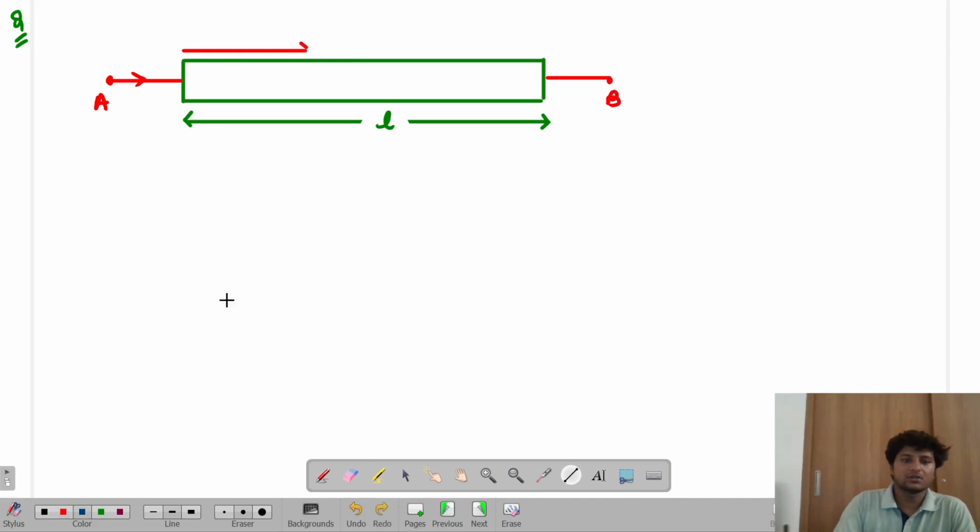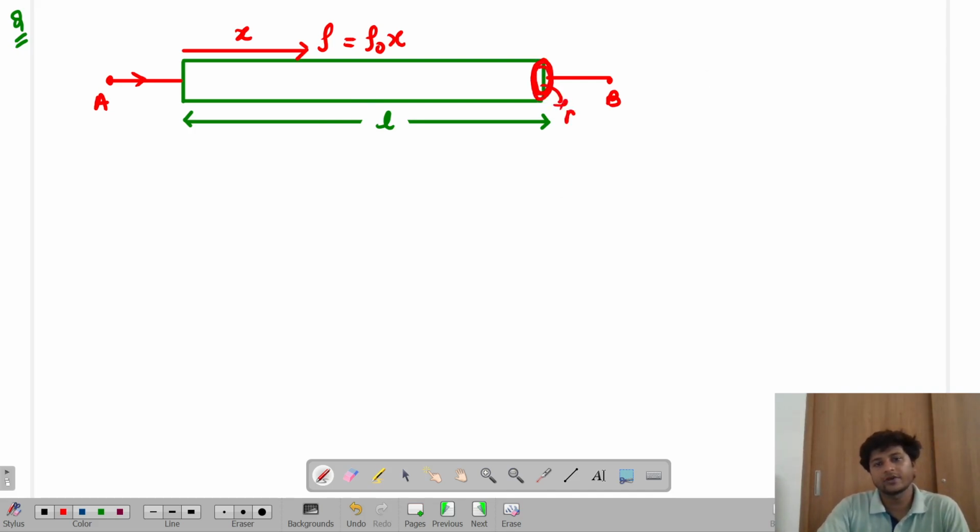Let's suppose the resistivity at some point is given by rho equal to rho naught x, and the area of cross section is A.